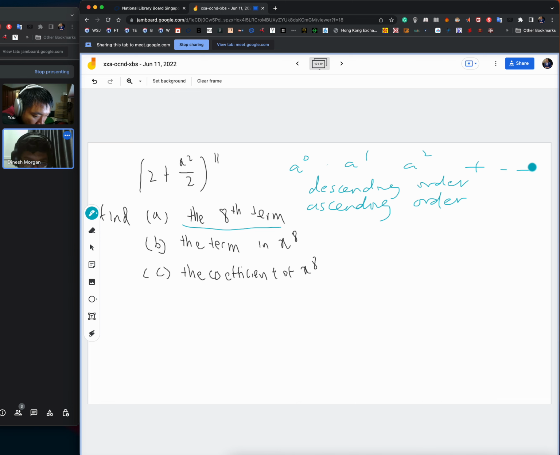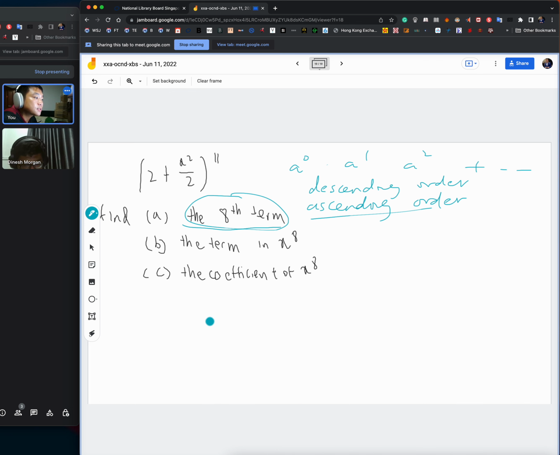I will leave this to you, because whether the default is descending or ascending, you should probably go and ask your teacher. The eighth term in descending order is different from the eighth term in ascending order. You understand, right?